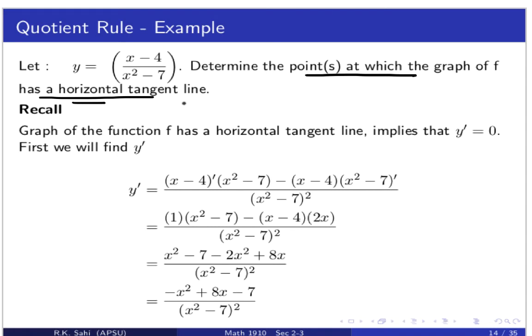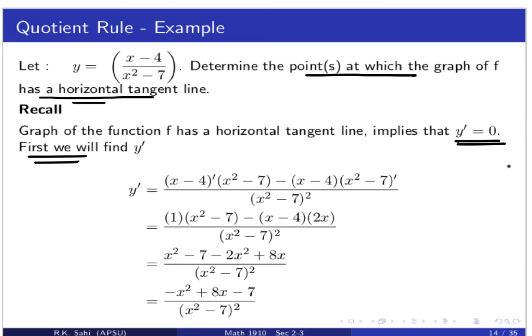Now, we have done this kind of problem earlier, but I'm going to still recall that when we say the graph of a function has a horizontal tangent line, it implies that y prime is 0. That means the differential of this function is 0. So the first thing we're going to do is find y prime. As this is a rational function with a numerator and a denominator, we are going to apply the quotient rule.